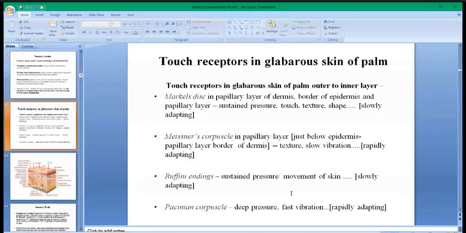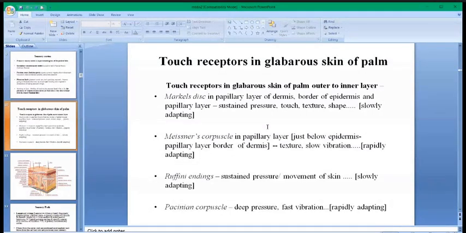So by touching, this pressure, texture, shape, vibration, all those things are needed, and without seeing you can perceive all those things of a thing. That is called stereognosis.